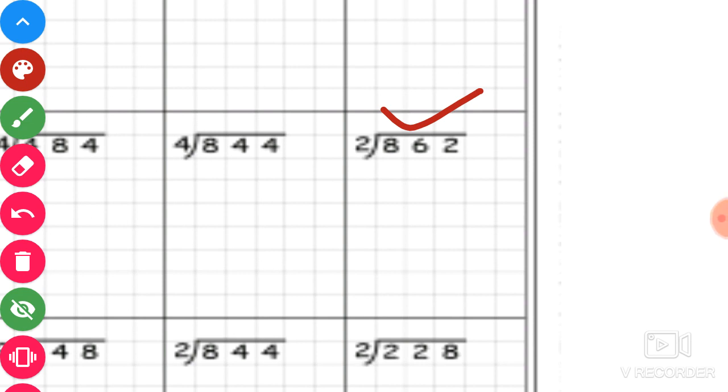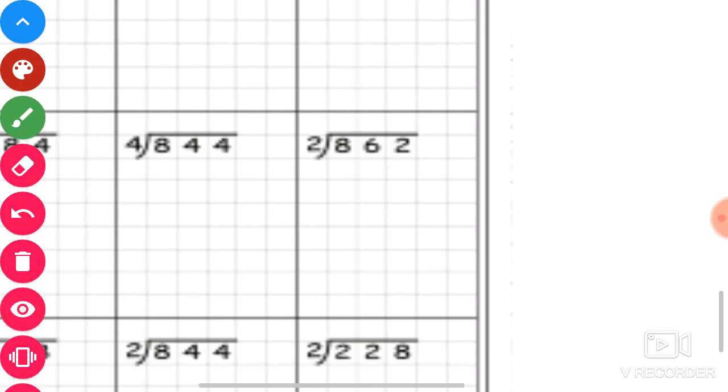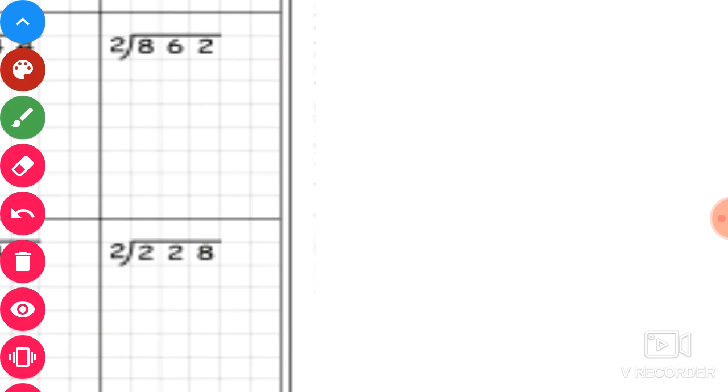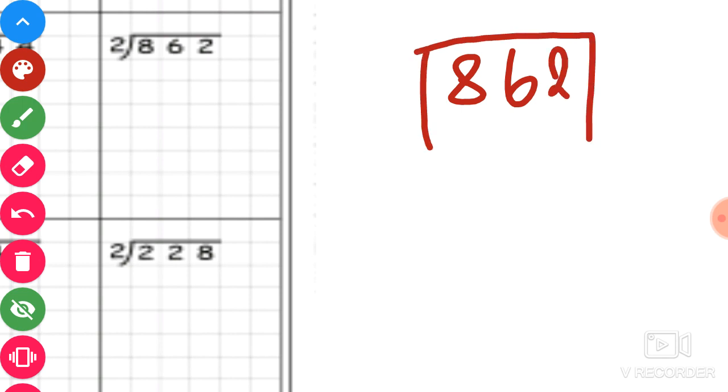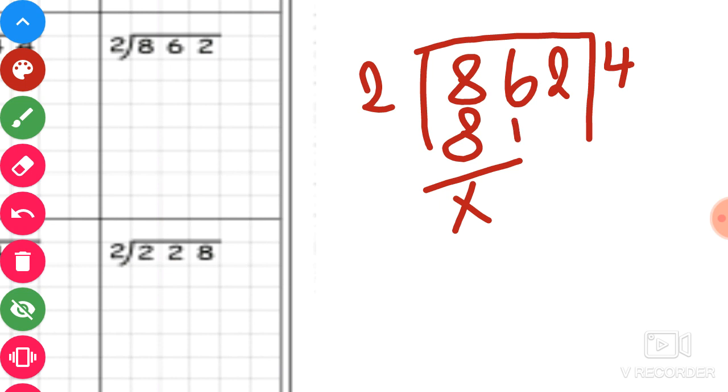Okay. 862 we have to divide with 2. Now do we get 8 in 2's table? Yes. 2 4s are 8. We will put a cross here. Now we will carry down 6. 2 के टेबल में 6 आता है क्या?